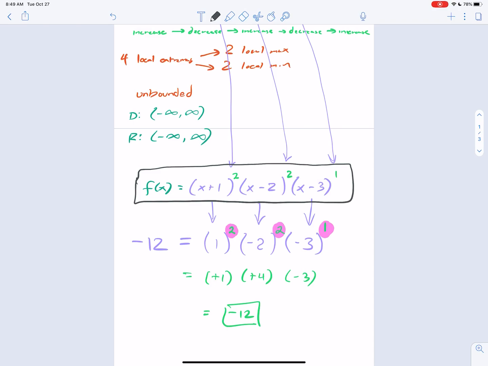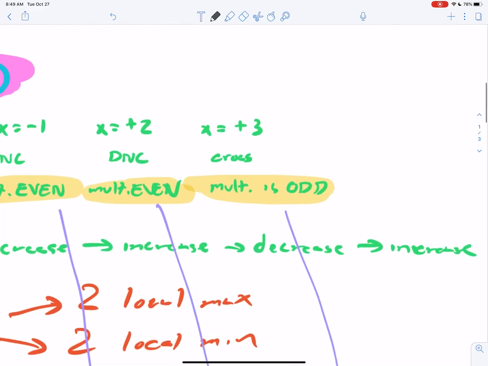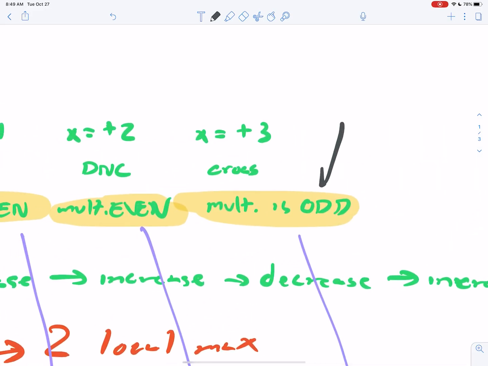Okay. Now, let's go back because I want you guys to think about all the scenarios here. So again, this is the toughest part, coming up with the exponents. Now, knowing that x minus 3 has an odd multiplicity, okay?